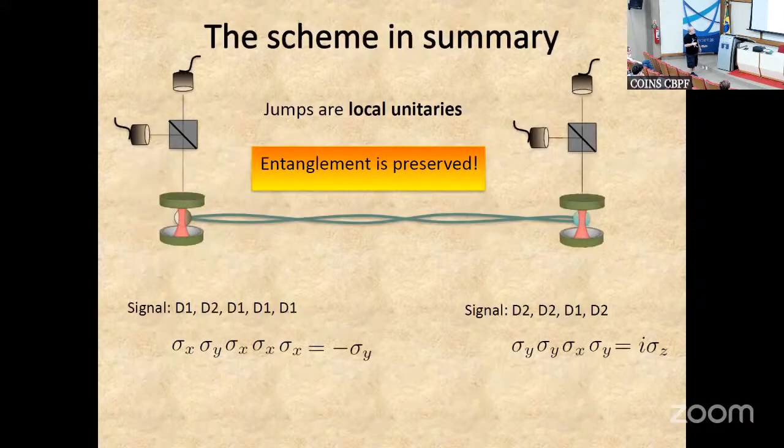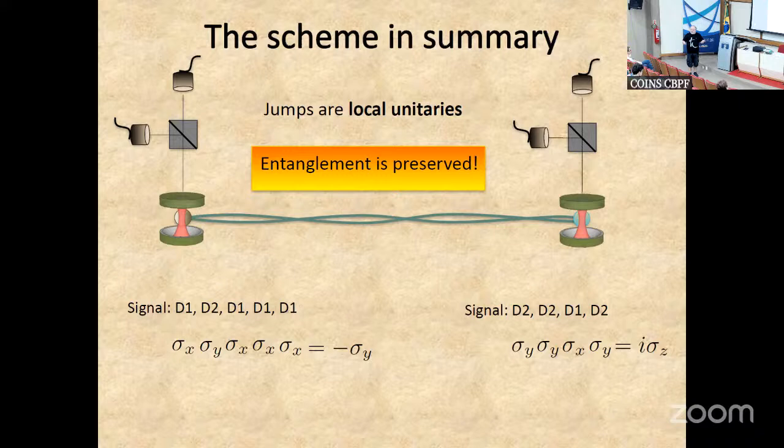And if I look at this, for example, let's say that I have these two qubits entangled, and they are decaying. They are spontaneously decaying. So I'm going to lose this entanglement. So now what I do is pump them, each one of them locally, and I monitor the photons that are emitted by the system.